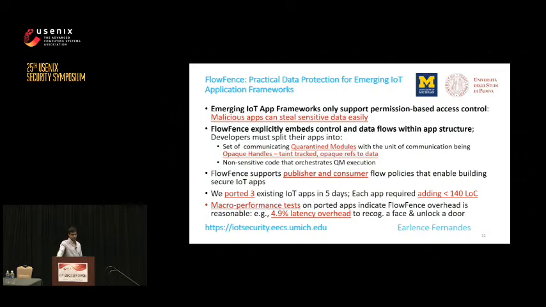And this makes sense because we are only beginning to see IoT applications. There's not a whole lot of applications that we have to be backward compatible with or worry about because this is still all emerging technology. So although porting is easy, it shows the value of how easily we can port whatever small existing set of apps. So the real usage model would be to write apps directly with FlowFence in mind.